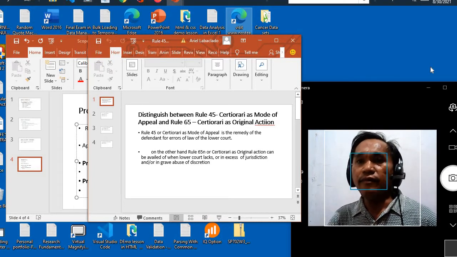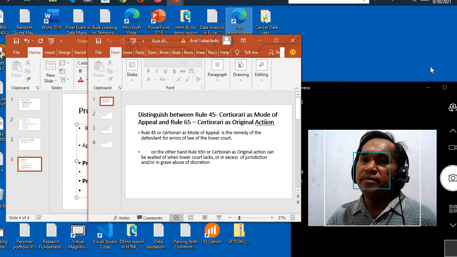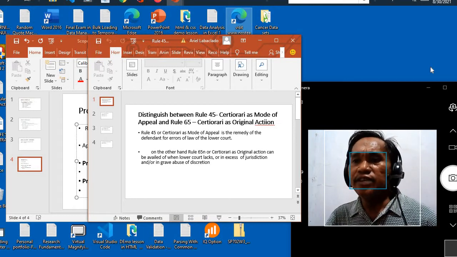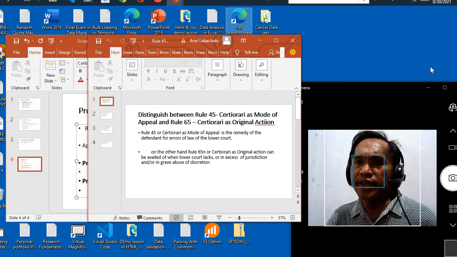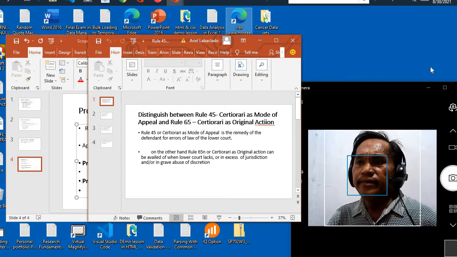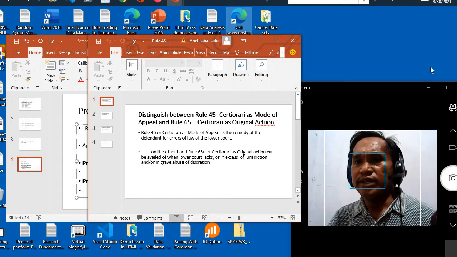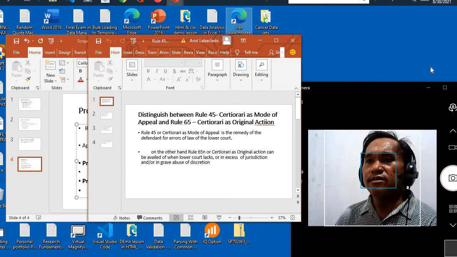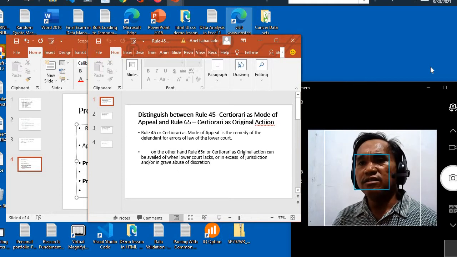While on the other hand, Rule 65 speaks of certiorari as an original action. When can the defendant avail of Rule 65? This remedy can be availed when the trial court acted without or in excess of jurisdiction.